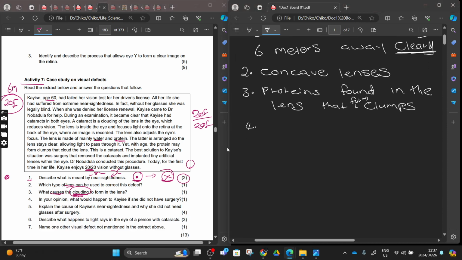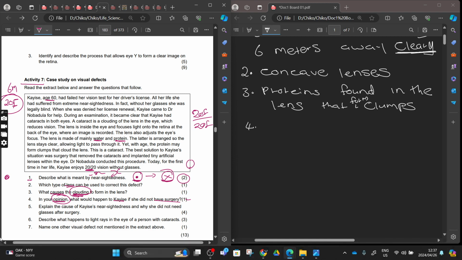One mark either way. Number 4, in your opinion, what could happen to Khanyise if she did not have the surgery? 1 mark, right? They want your opinion, but here's the trick in these questions. They want an opinion that can be anyone's opinion.